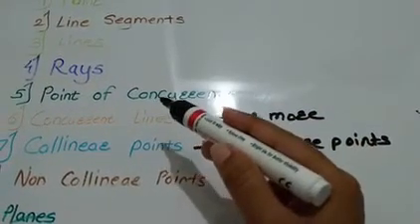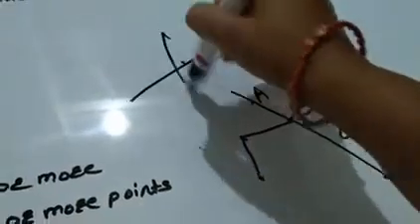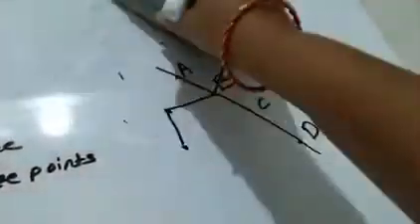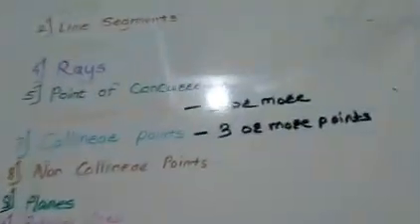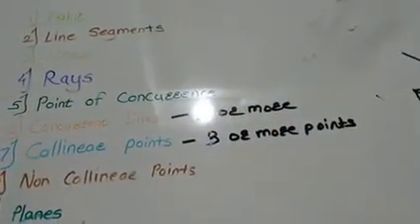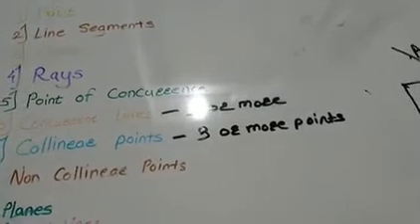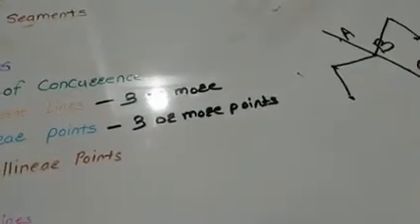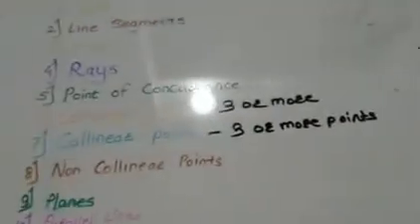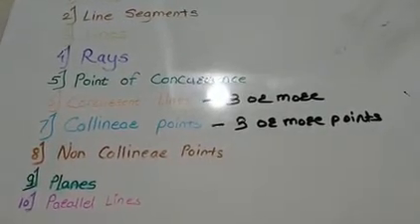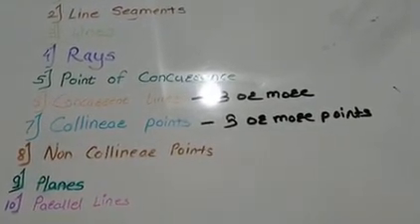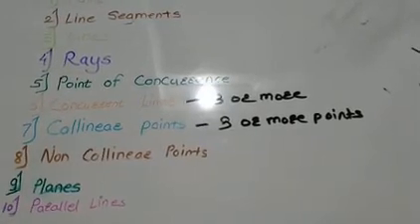Point of concurrence is the point through which we can draw a number of lines. And about concurrent lines, the number of lines passing through that single point should be 3 or more than 3. If we talk about collinear, the word linear means in a straight line, or one after another.